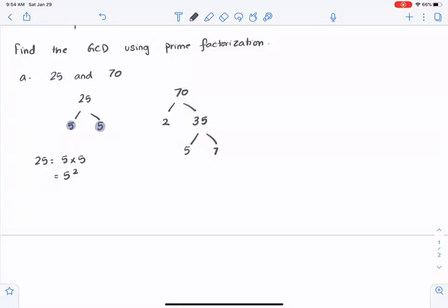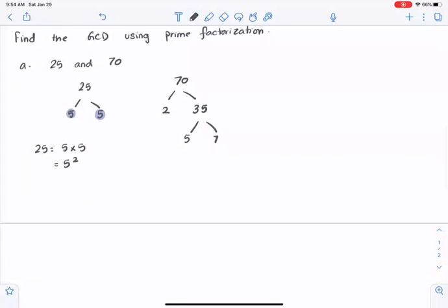And that will give me 7. So for 70, I have 2 times 5 times 7.